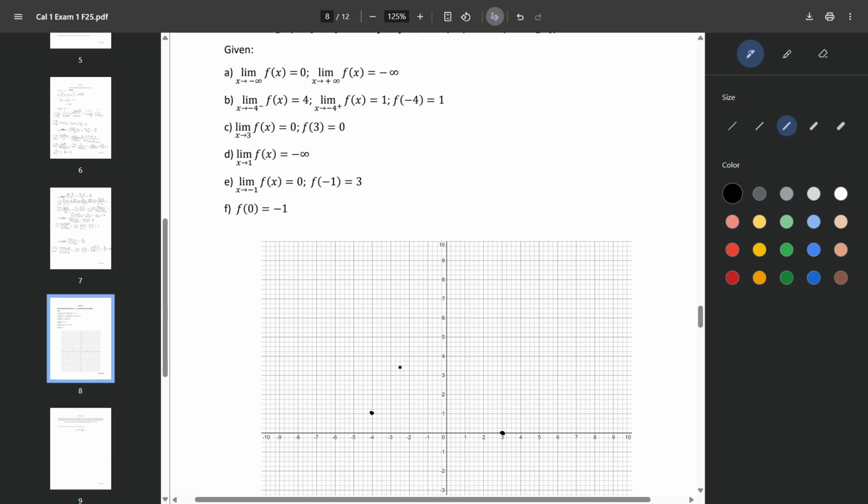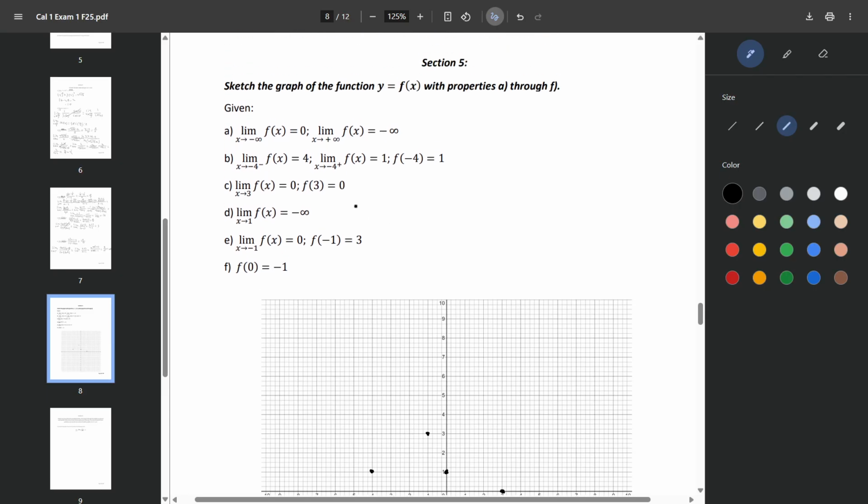At -1, y equals 3. And at 0, f equals -1. Alright, that seems to be all of our defined points.